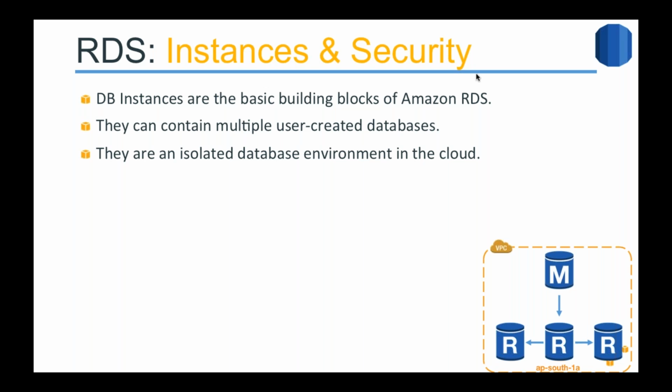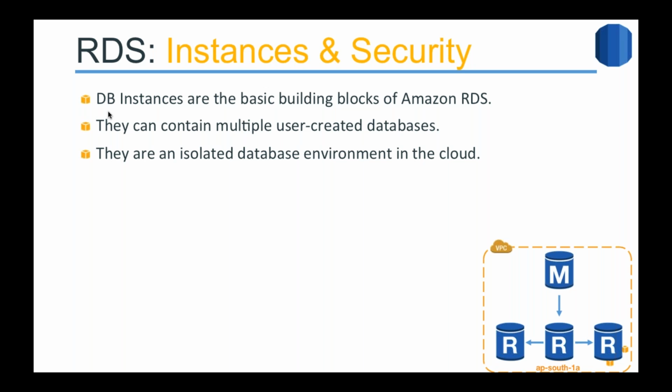So, instances, database and security. As I said, database instances are the building blocks. When this line says database instances, it refers to the underlying EC2 instances. Each database runs as an instance in your VPC. You can go to your console dashboard and see that one IP is being used by your RDS instances, and you can have multiple databases in each of those instances.